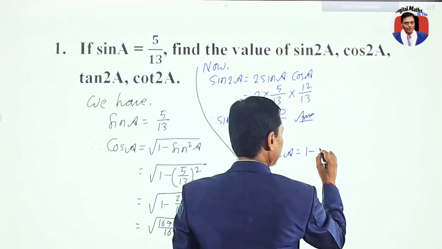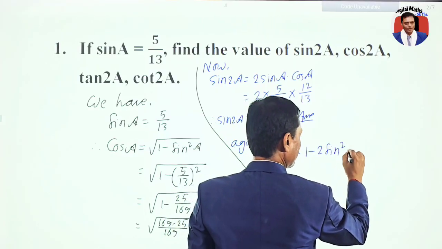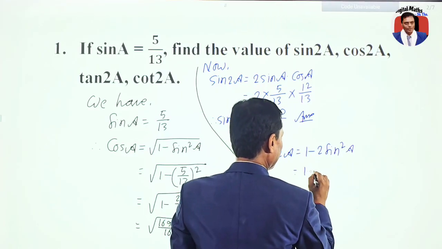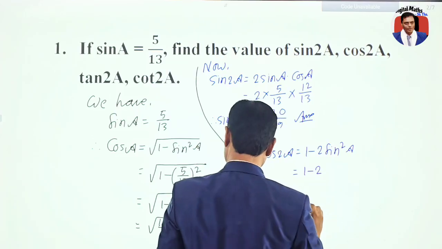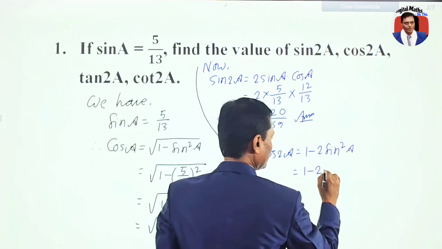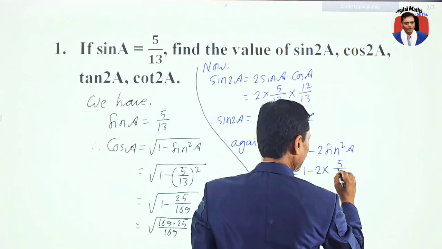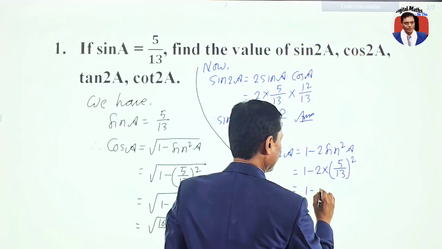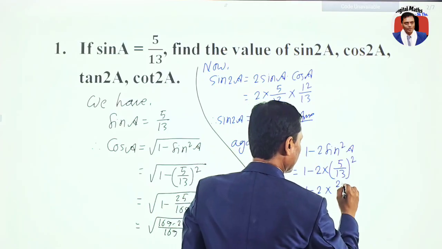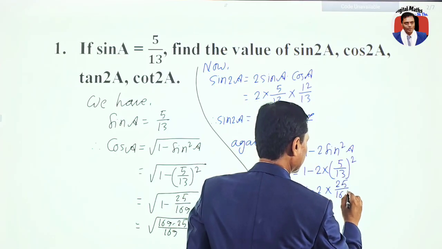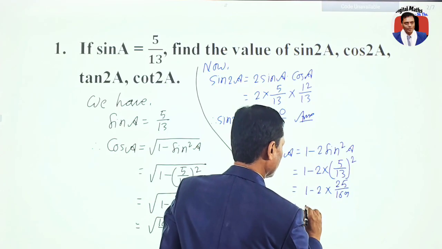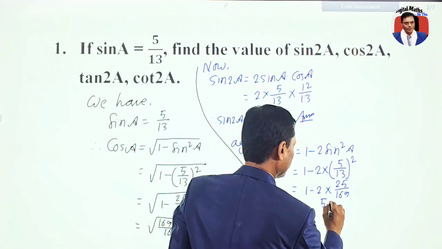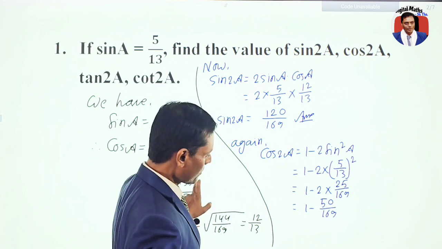That is 1 minus 2 sin square A. That is 1 minus 2, and sin A is 5 by 13, so you can write here 5 over 13 and its whole square. After that, 1 minus 2 into 25 over 169, right? That gives us 1 minus 50 over 169, isn't it?